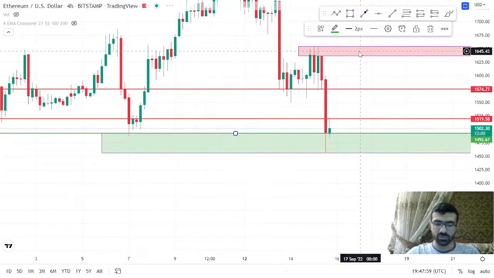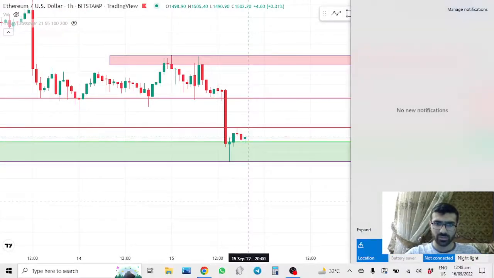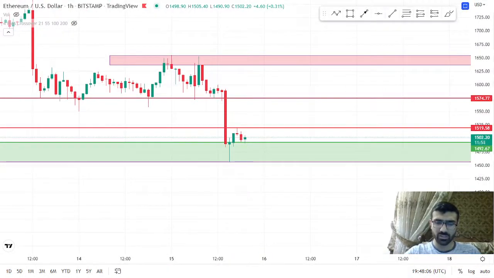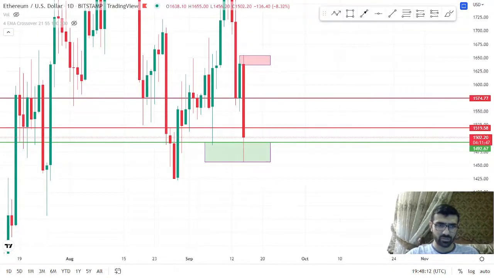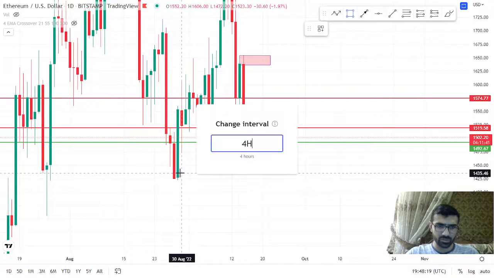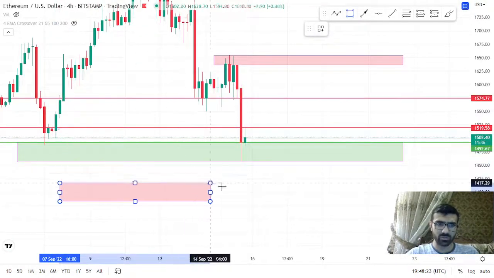Now let me go to the 1-hour chart, and let me take all the trades accordingly. But let me also have a look at the 1-day chart if I have any other area of support. So I think the 4-hour chart as well is going to give me some help.